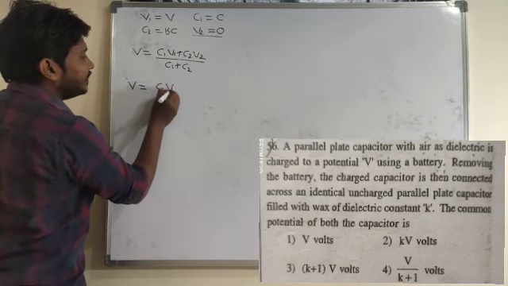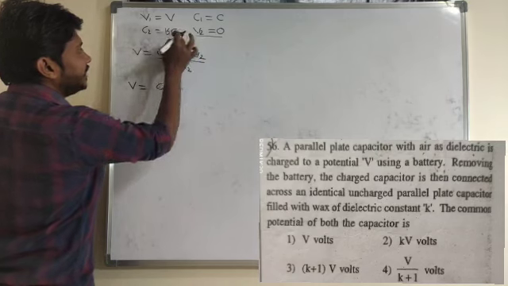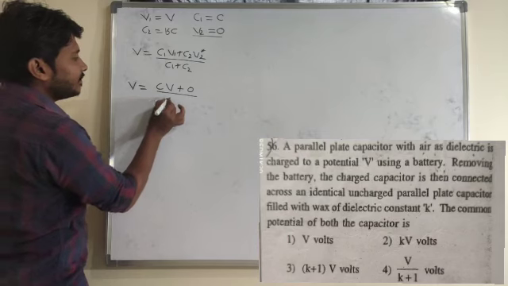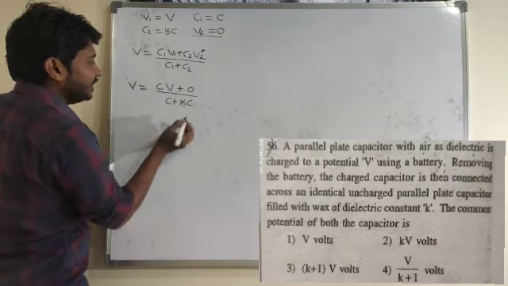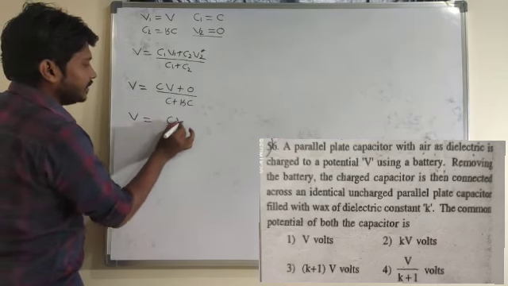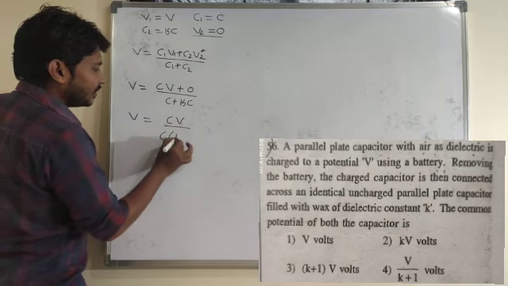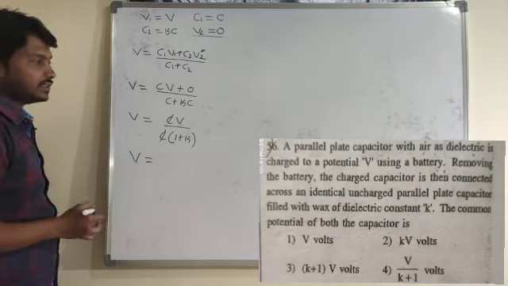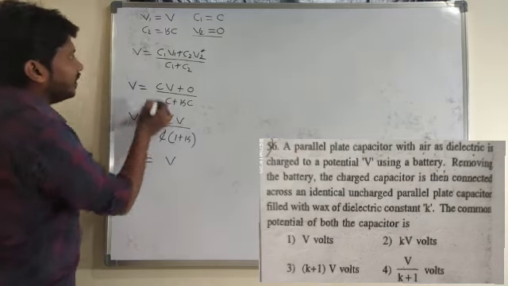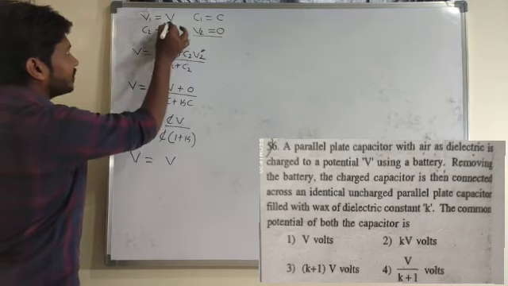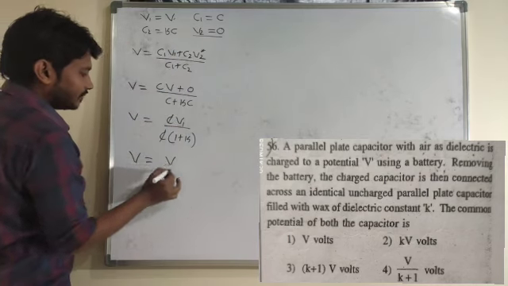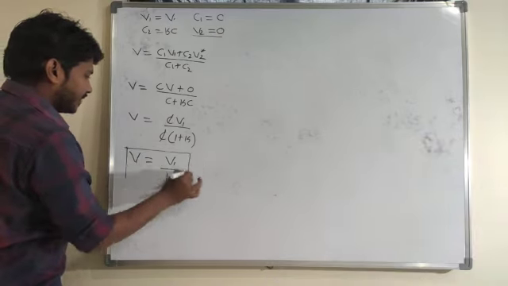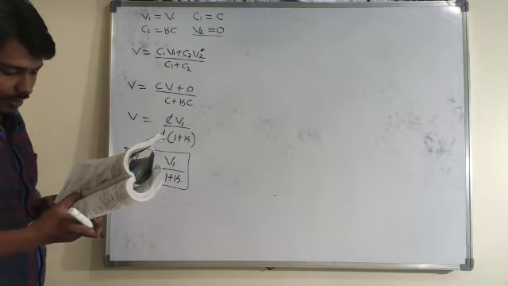C1 is C, V1 is V, C2 is K into C, and V2 is 0, so that entire term gives 0. In the denominator, C plus K into C, I take C common, giving C into (1 plus K). So the common potential is V divided by (1 plus K). This is about the common potential.